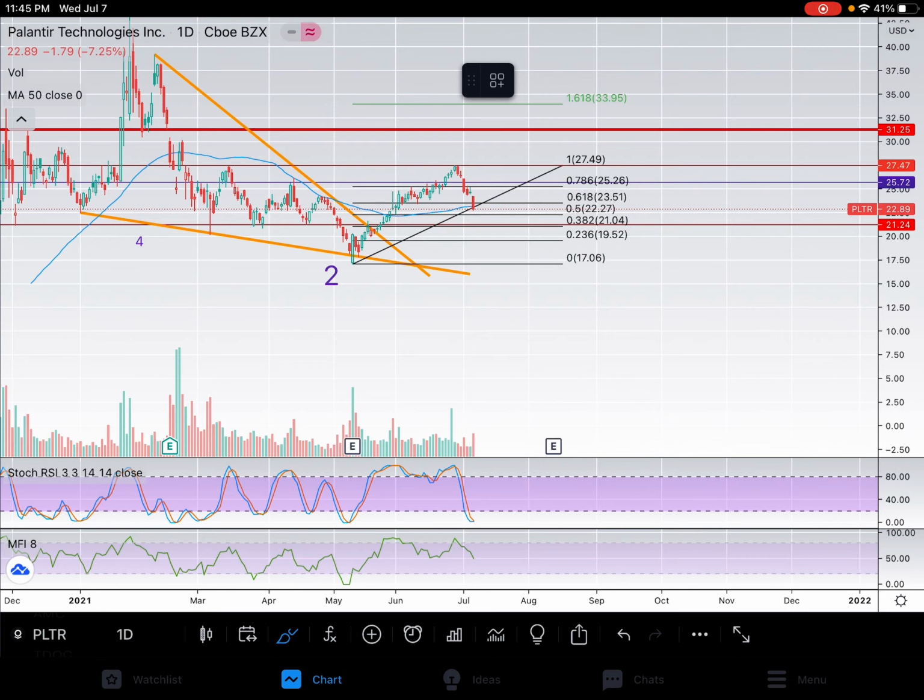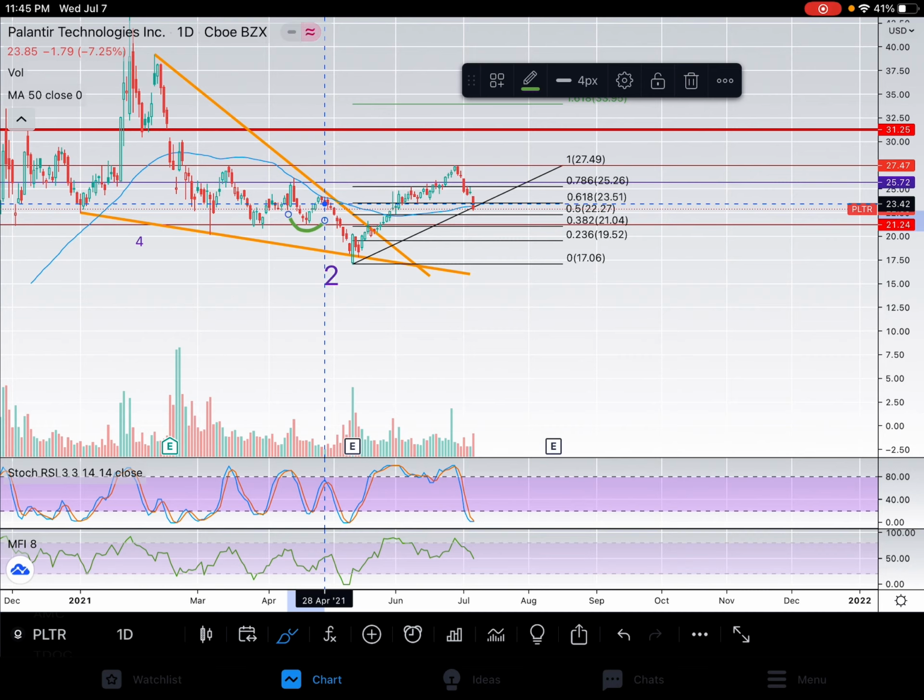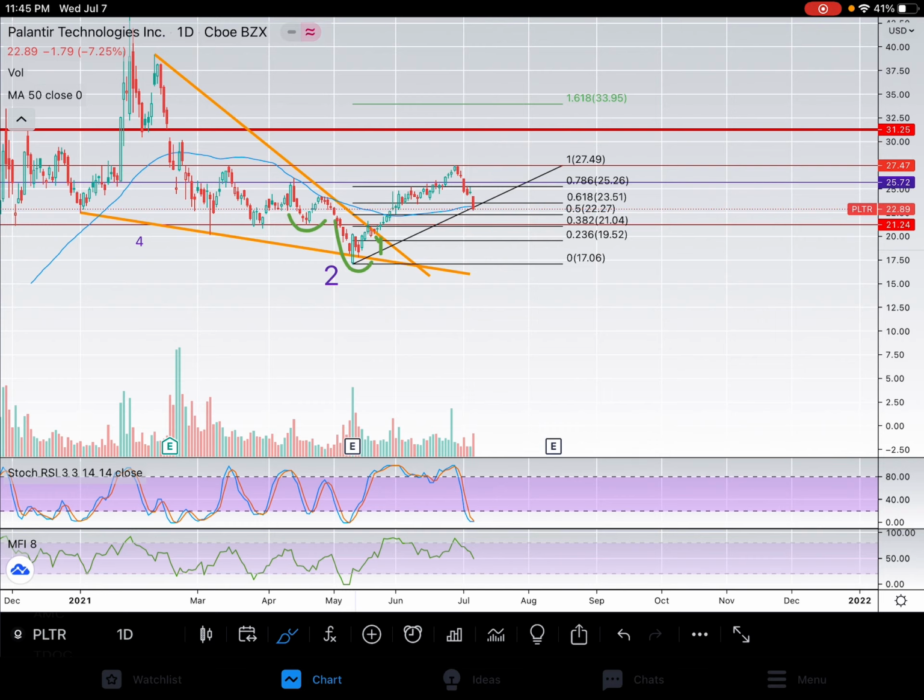So we have a head here, we have a shoulder there, head, and then 21 being another shoulder, and usually an inverse head and shoulders is very bullish.